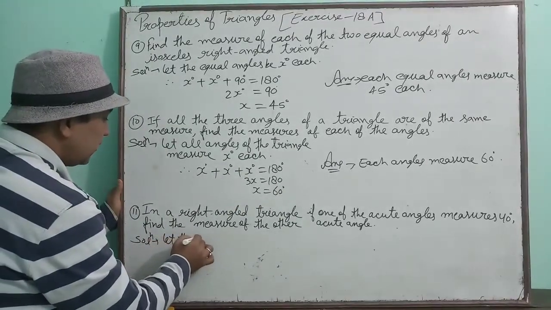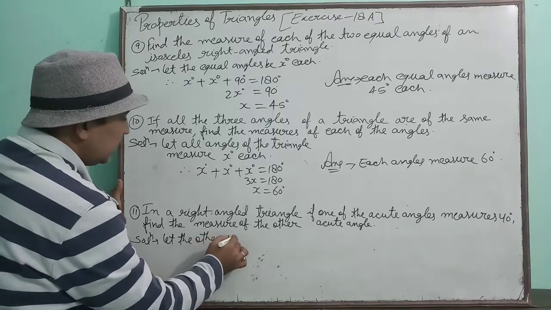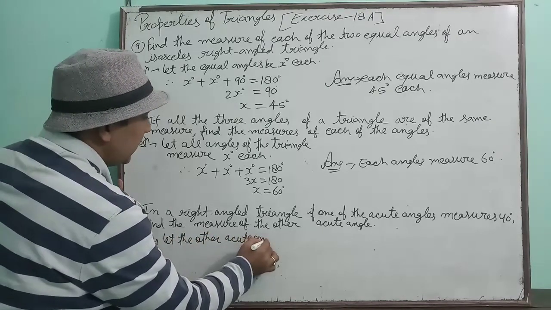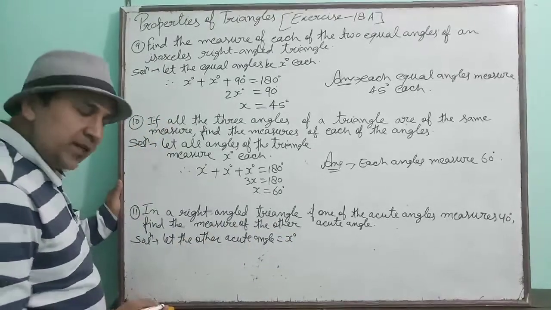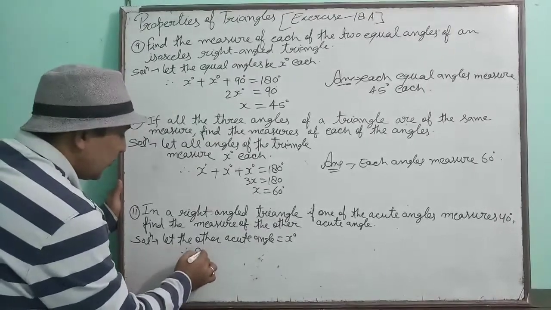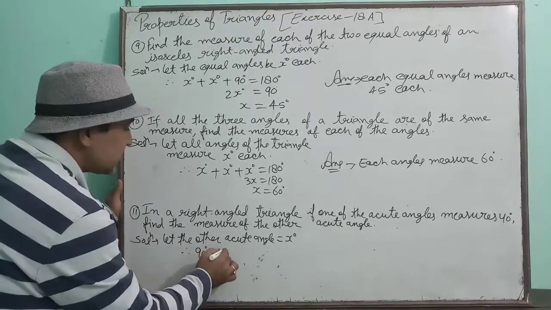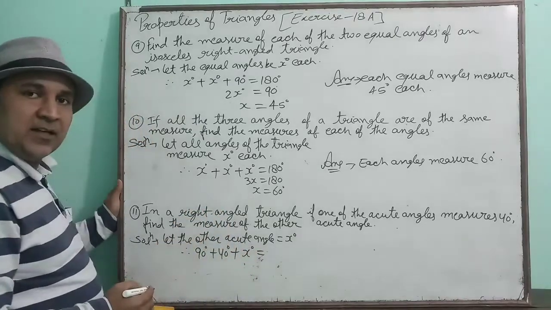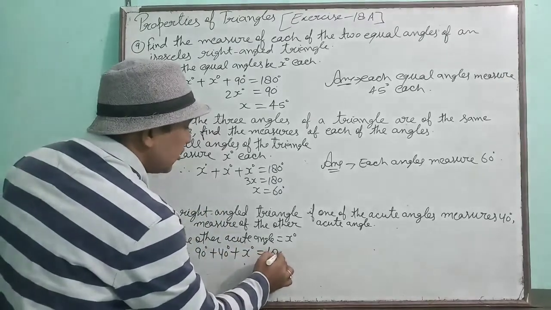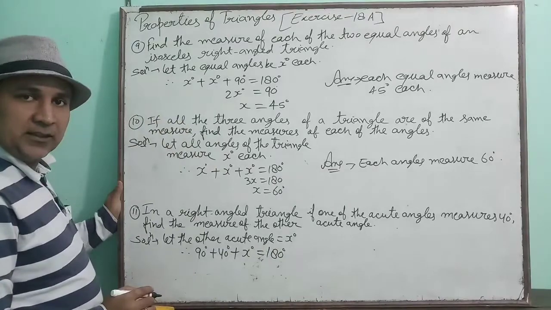Let the other acute angle be x degree. Okay? Now, first angle is 90 degree, second angle is 40 degree, and the third angle we have taken x. And the sum is always equal to 180 degree.